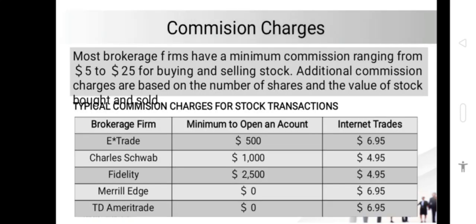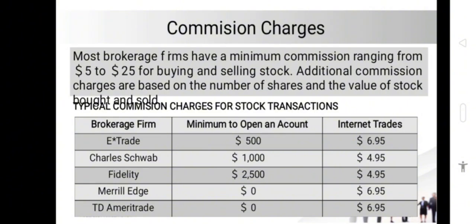Commission charges. Commission charges in a stock registration are fees paid to intermediaries such as a brokerage or financial institution for facilitating the buying and selling of securities on behalf of an investor. These charges compensate the broker for the services they provide, including executing transactions, providing market insights, and ensuring compliance with regulations.